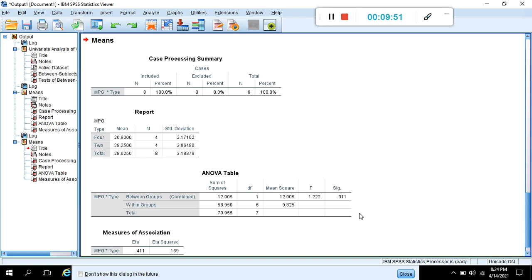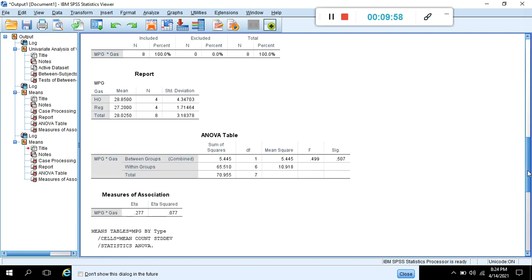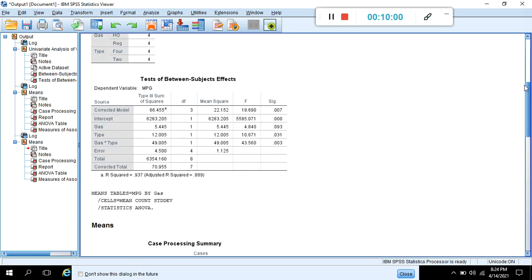So this is actually a really important thing to point out, which is that basically it's saying that neither one of these is significant in and of itself, but if you throw them all together and look at the interaction, then it is going to be significant. So really, the essence of this analysis is not that there's a significance in miles per gallon by gas or by car type, but that the interaction of the gas times the car type is what creates a significant effect.